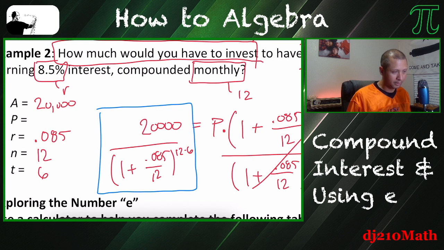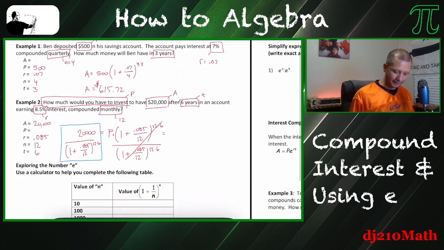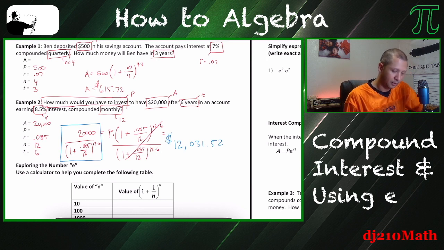So what's going to go in the calculator is the left-hand side, right? This needs to go in the calculator because this will tell you what P is. And we see that P is going to be $12,031.52. That's how much you would have to invest to earn $20,000 in 6 years on an account that's compounded monthly and earning 8.5% interest.